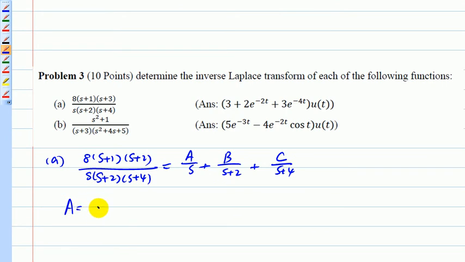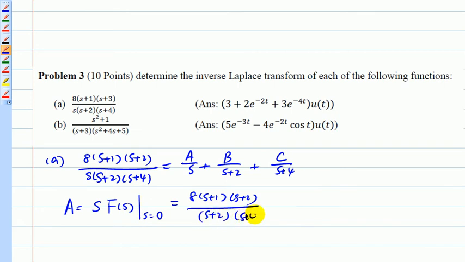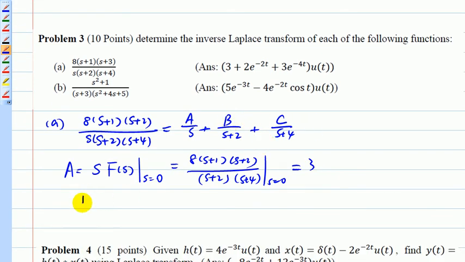A is s multiplied by capital F of s, or just this whole thing here, and let s equal to 0, which is 8. You get 3. So you can do similar things for B and C. You can find B is 2, C is 3. Let's see.